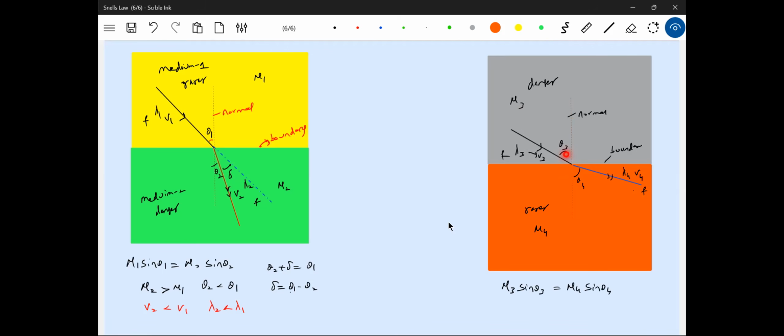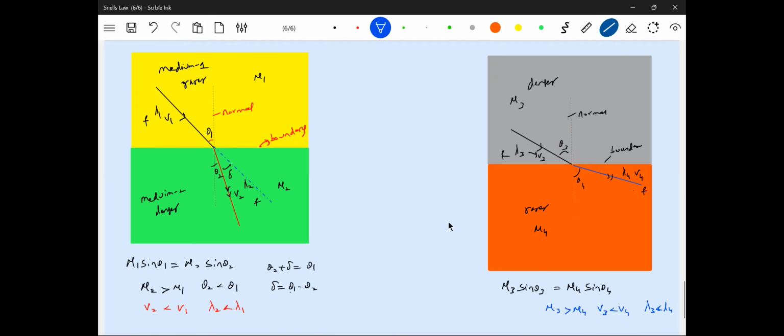Mu 3 into sine of angle of incidence equals mu 4 into sine of angle of refraction. Which is denser? Mu 3 is greater than mu 4, v3 is less than v4, lambda 3 is less than lambda 4.